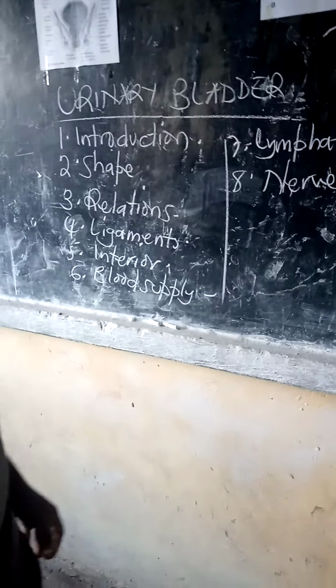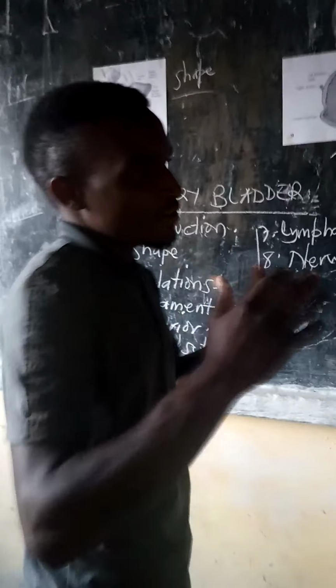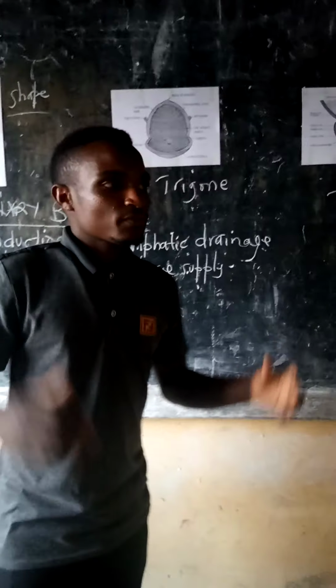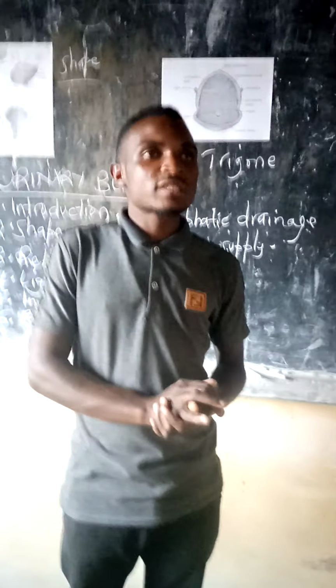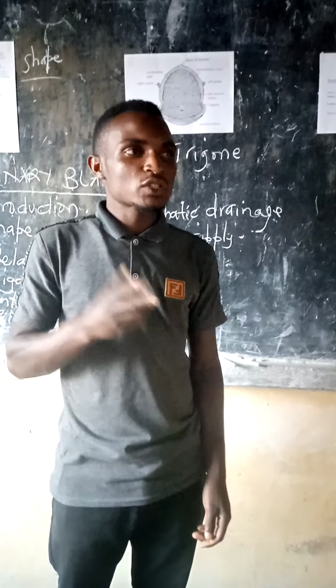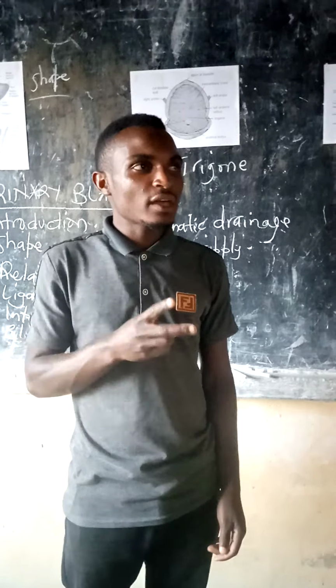Back on our highlight, this time we are coming to the blood supply of the urinary bladder. The blood supply, of course, is always arterial supply and venous drainage. For the arterial supply, the urinary bladder is supplied mainly by two vessels: the superior vesical artery and the inferior vesical artery.